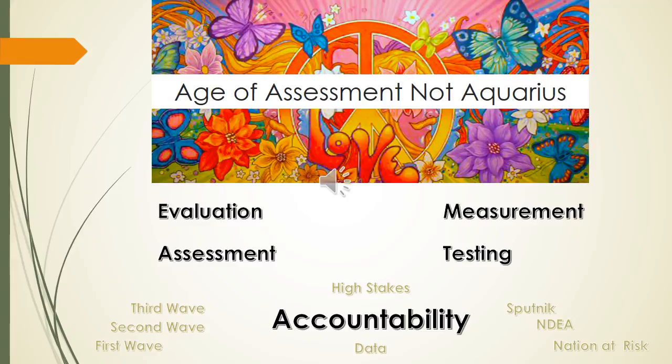Then, in the early 80s, you end up with a new wave of accountability that starts with the Blue Ribbon Panel on Nation at Risk. And that report, of course, paints a very bleak picture, a 64-page long report. And it hits the front page of every newspaper in April of 1983.